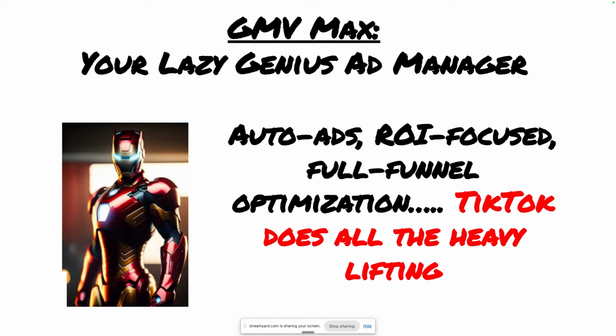Because when you set up these campaigns, you spend all of 30 seconds making two decisions: how much money you want to spend per day and what ROI you want per day. It does the rest. It looks at all your content and takes your best content and promotes that. It does everything far better than you can.